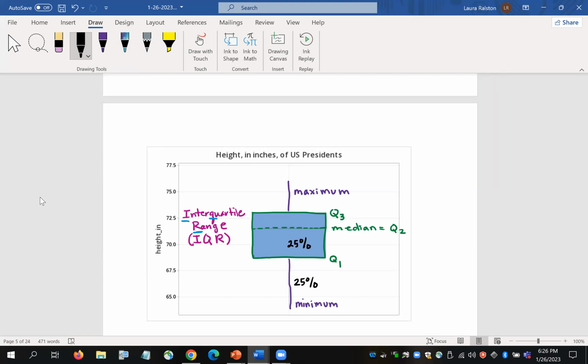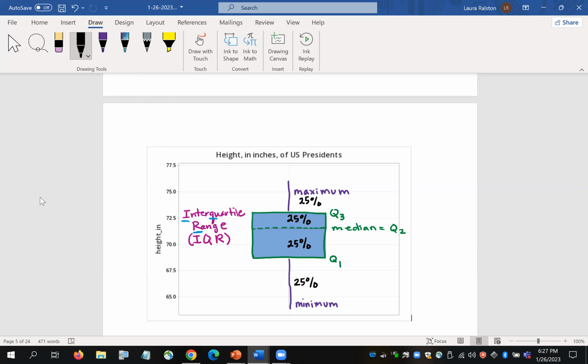Between quartile 2 and quartile 3, you have 25% of the data. And then between quartile 3 and the maximum, you have the final 25%. Now notice visually, those areas don't appear to be the same size.